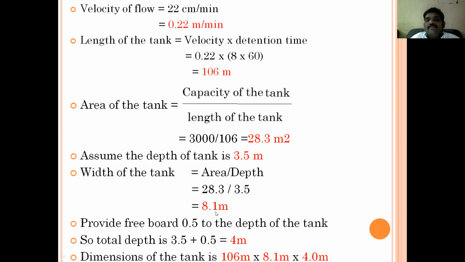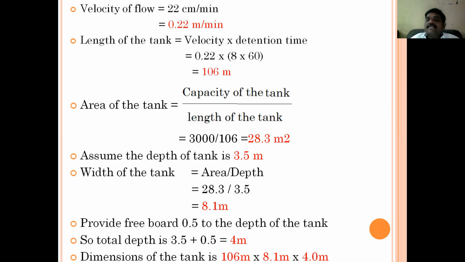Now we got 8.1 meters. Freeboard is a pre-prescribed 0.5 added to the depth, so 3.5 plus 0.5 is 4 meters. Now the sedimentation tank is ready, and the dimensions are 106 meters of length, 8.1 meters of width, and 4 meters of depth.